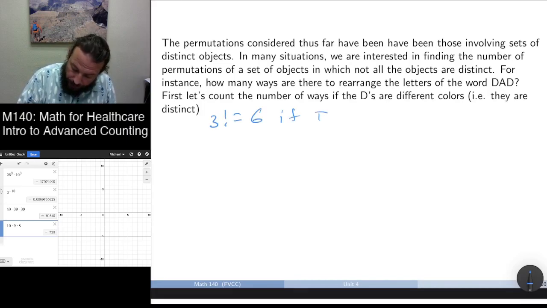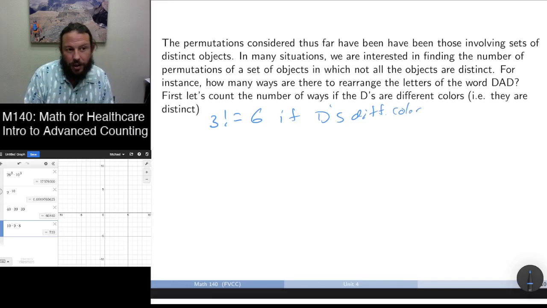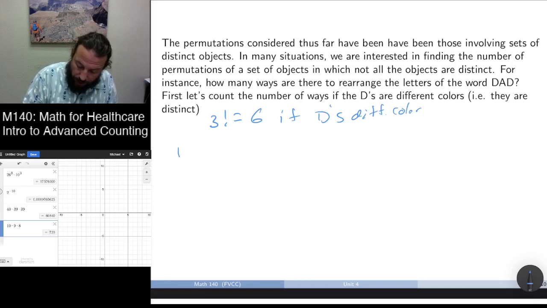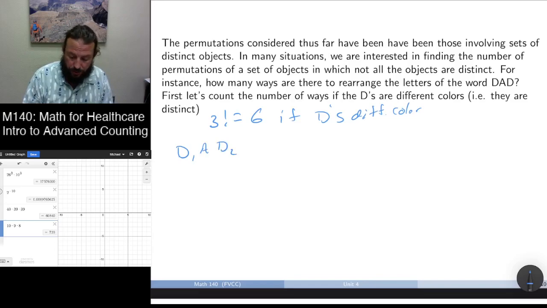If the D's are different colors, I'll list all those out here. Let's say color 1 and color 2, because then I can change colors each time. We have D1, A, D2. That's one arrangement that we counted. Then we have D2, A, D1.